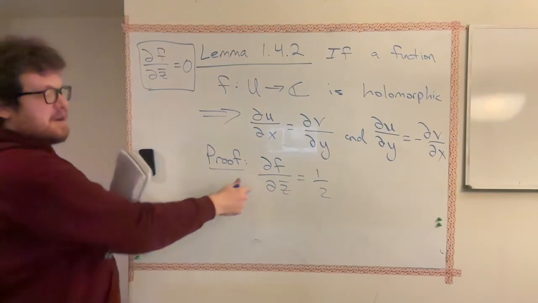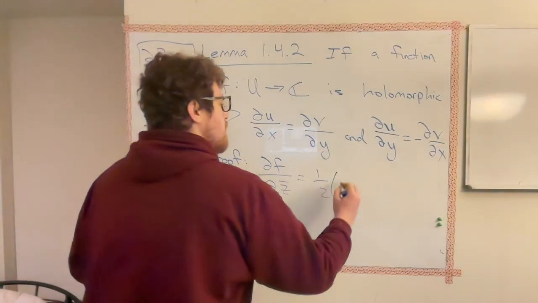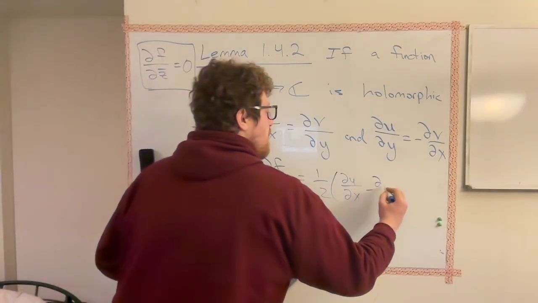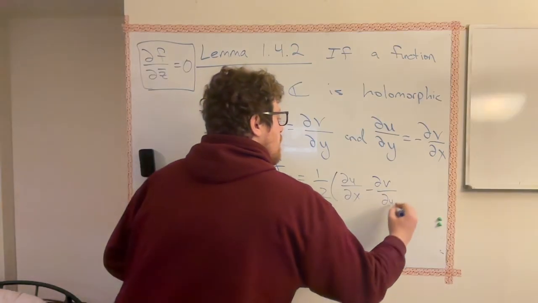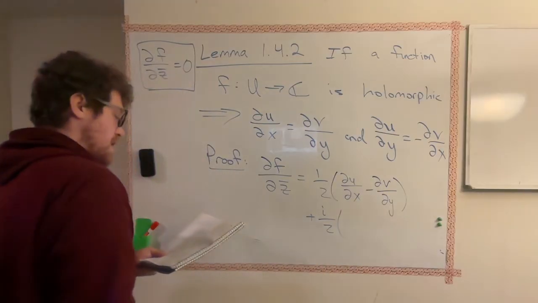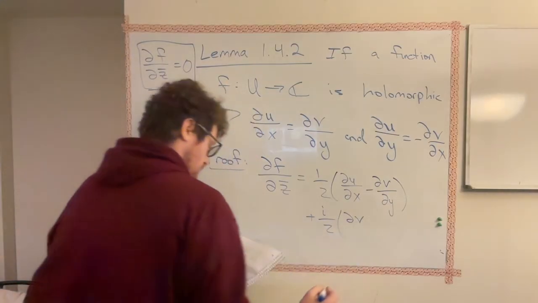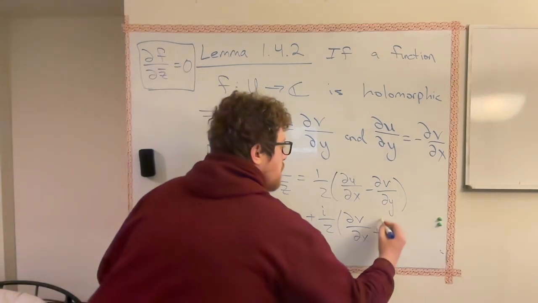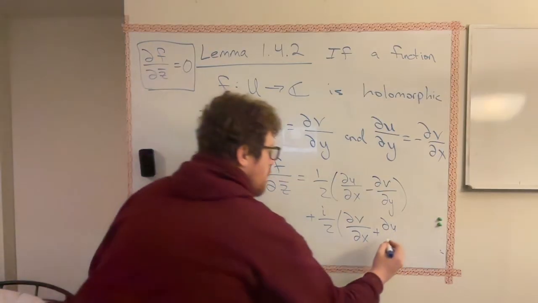Df dz bar, this is just 1/2 du dx minus dv dy plus i/2 times dv dx, or sorry, dv dx plus du dy.